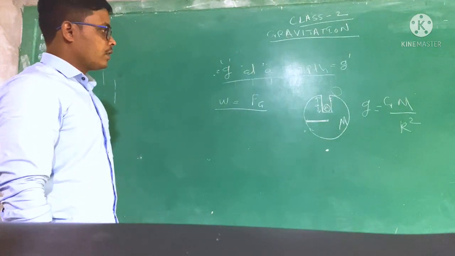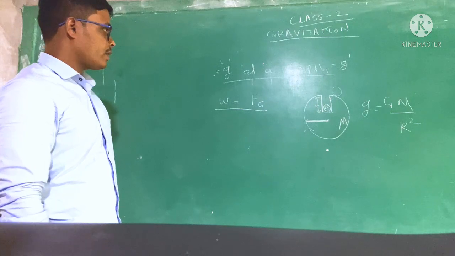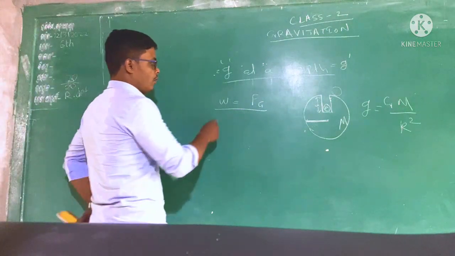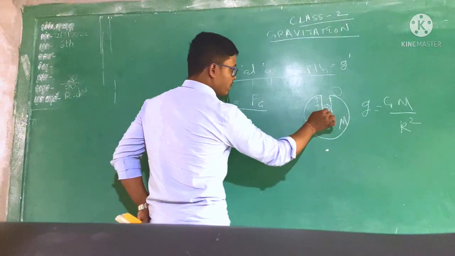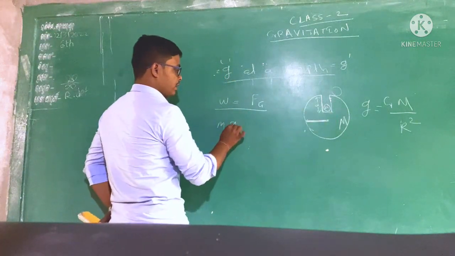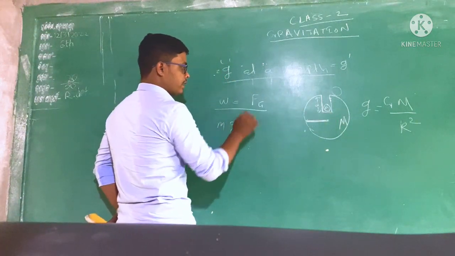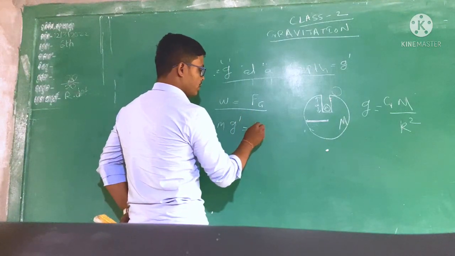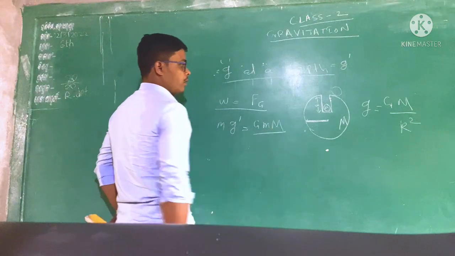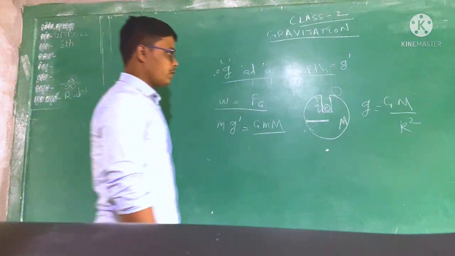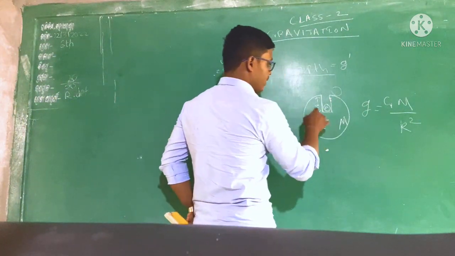Okay, so now what will be the weight, that is m, and we don't know in this case what will be the value of g. So that will be g dash. But what is the gravitational force? So that is nothing but G m1 m2 divided by the central distance. So this radius is R and this is d.